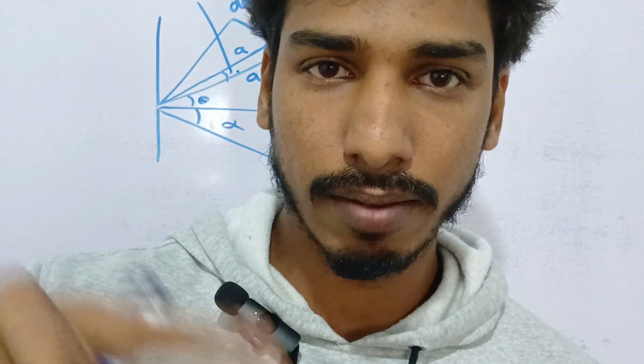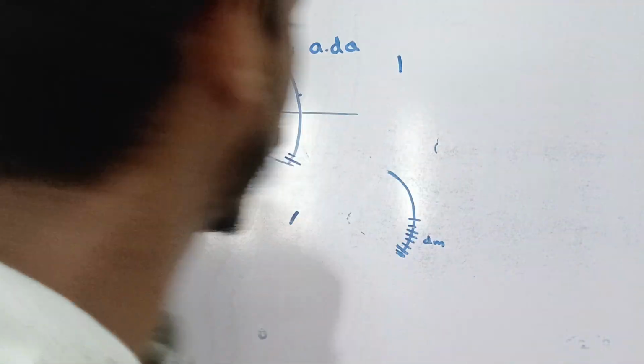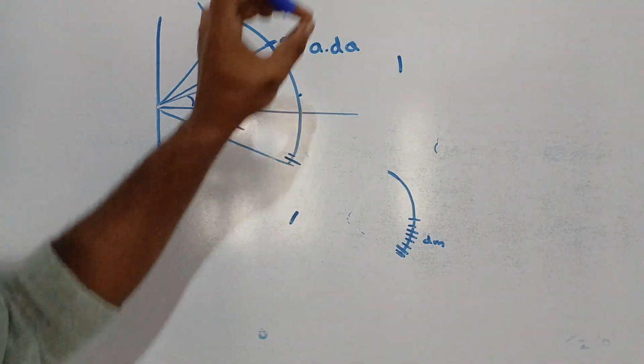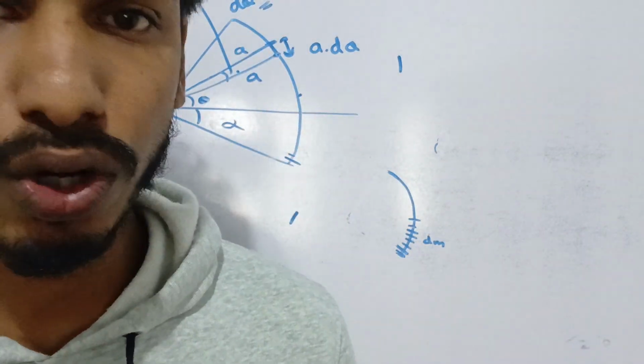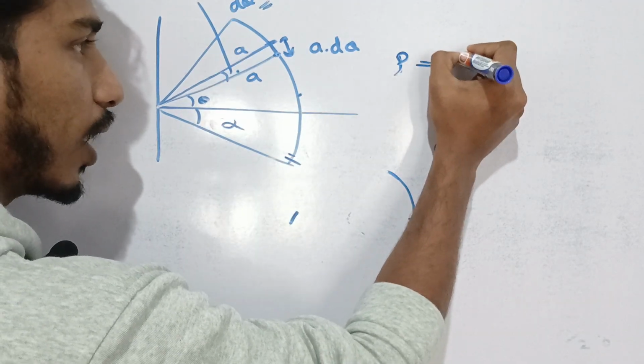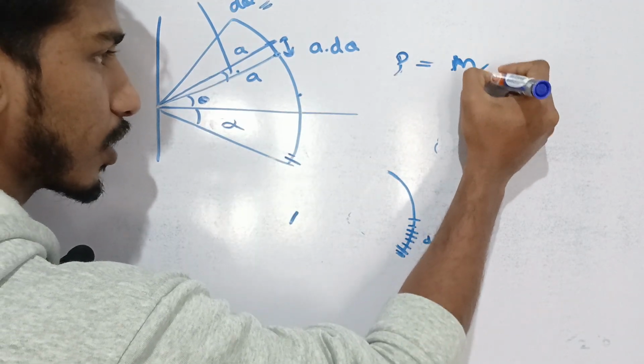So here we have considered the length. In the other questions we were considering area, with mass per unit area. When we consider a volume, we multiply with the density: volume times density gets you the mass, and we assume the density is uniform. Similarly, here we assume there is a uniform density throughout. Since we have considered the length, we'll use linear density, which is mass per unit length.